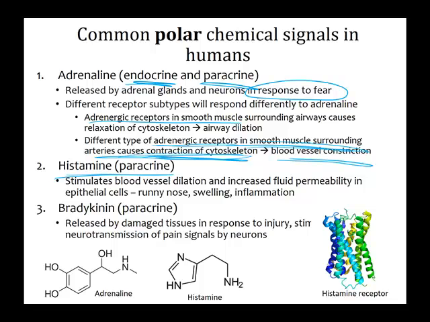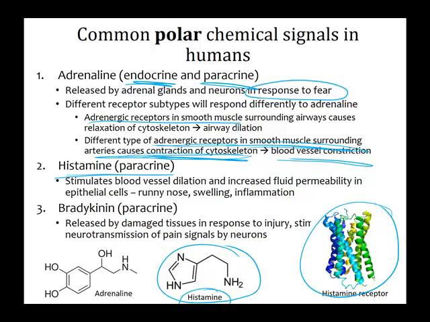It results in inflammation, which is redness and tenderness to the touch. And this is all local. This is what histamine looks like, by the way, down here. This is the histamine receptor. Antihistamines like Sudafed actually prevent your cells from releasing histamine.